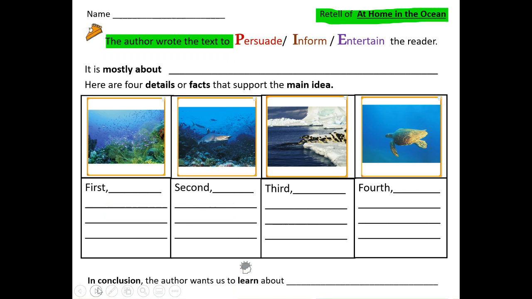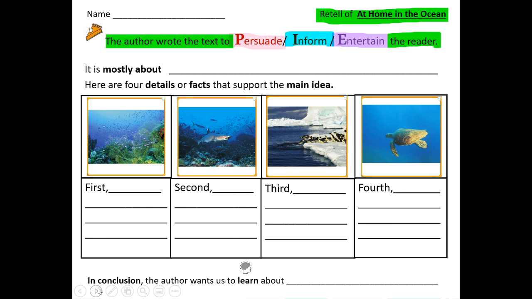The author wrote the text to either persuade, convince the reader of a certain point of view, or inform, to give the reader information about the topic, or to entertain the reader, to keep the reader's attention through enjoyment. So why did the author write At Home in the Ocean? To persuade, inform, or entertain the reader. Which do you think?